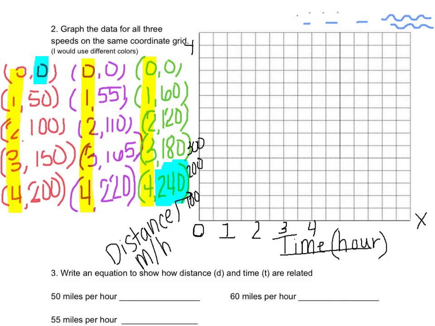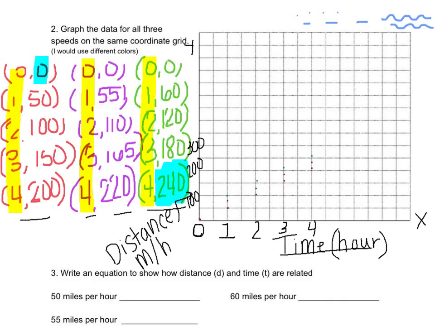All right, now take some time, go ahead, pause the video, and use either different colors or different patterns and graph the 3 sets of ordered pairs. All right, there you can see my dots, and it was a little tough on here because the way I set up my y-axis, they were really too close.